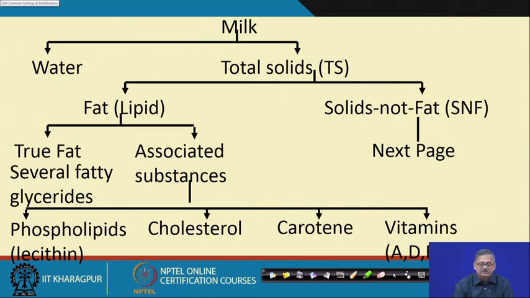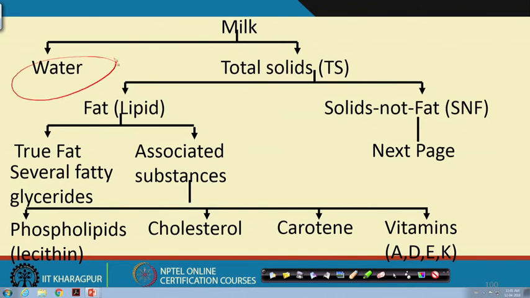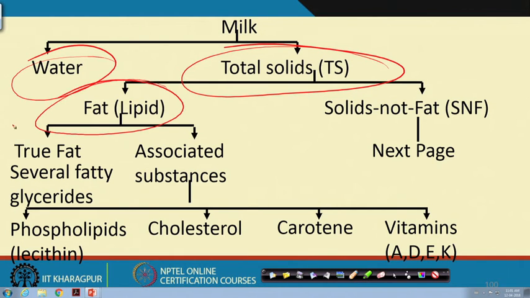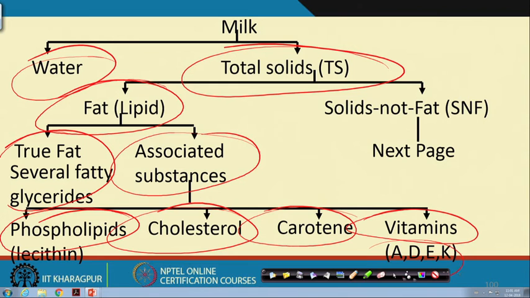So, milk comprises on one side water and on another side total solids. Out of the total solids, part is fat, which is lipid, and some are true fat, that is several fatty acids or fatty glycerides, and some associated substances like phospholipids or lecithin, cholesterol, carotene, then vitamins like A, D, E and K, right.